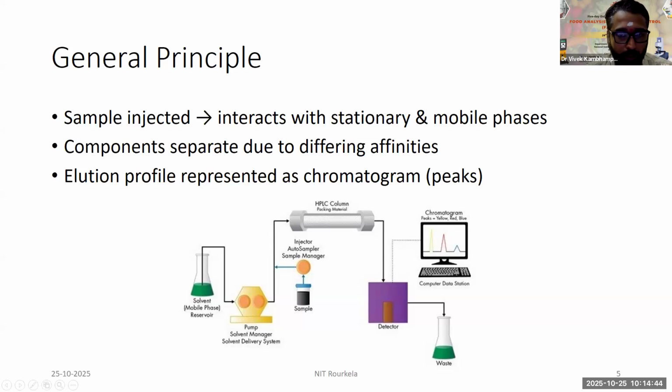We'll also try to learn about what a chromatogram is. After separation, the wastewater will be released along with the sample. Whatever materials are not absorbed into the column will be sent outside. That is called the waste.